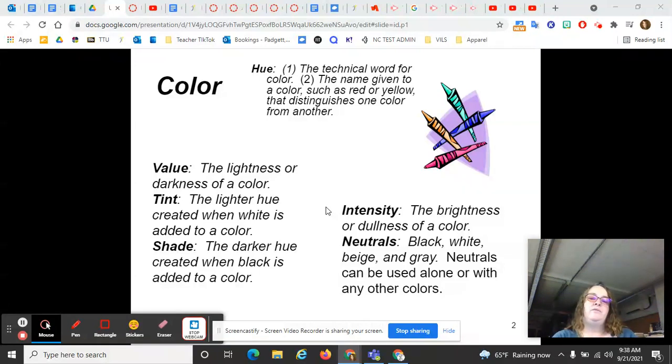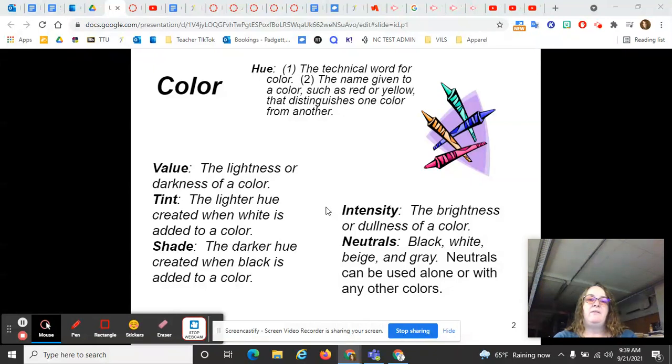Then we have different ways of describing a hue. And one is the value. The value is how light or how dark something is. So if you think of a light blue, like the sky, versus a midnight blue or a navy blue, which is much darker.